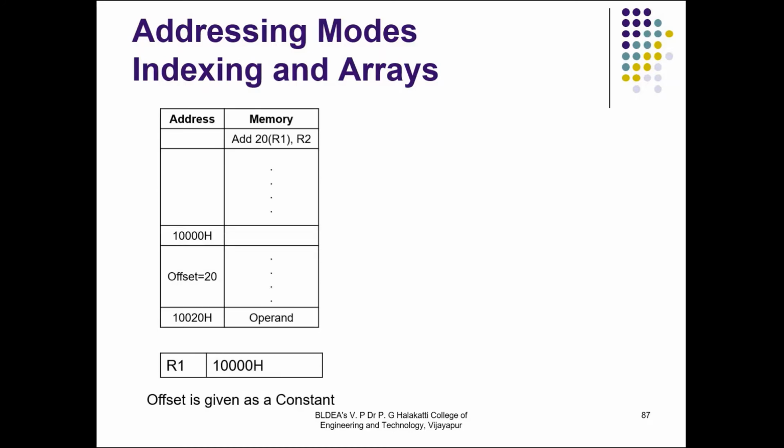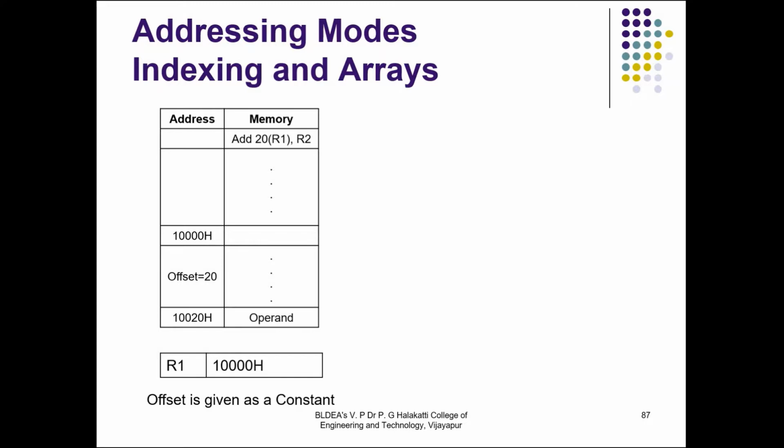To understand this, let's see diagrammatically. We have an instruction ADD 20(R1), R2. In this example, the value that is contained in Ri is the memory location 10,000, and the value of X is given as a constant value 20.